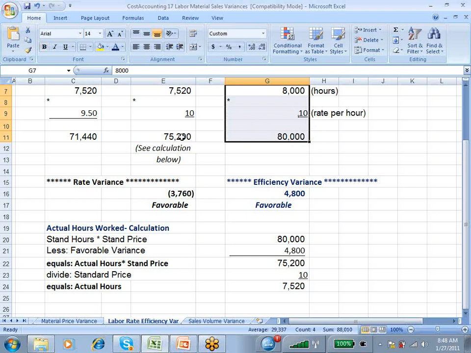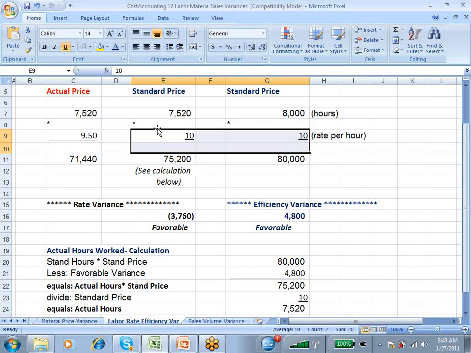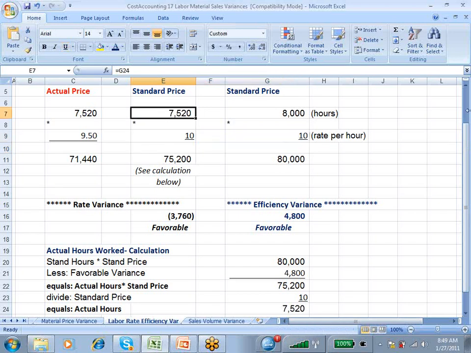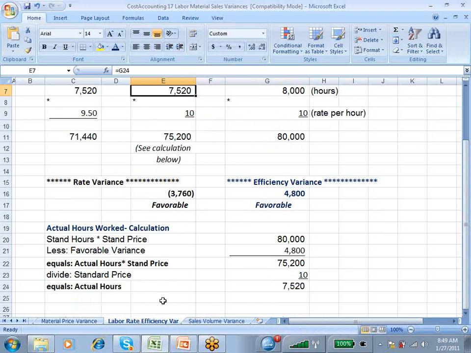I know this total because the 80,000 with the favorable efficiency means that I subtract 4,800 to get this number. I know this number because that's the standard rate, so I'm able to back into the actual hours, which is a common way that the question is asked.